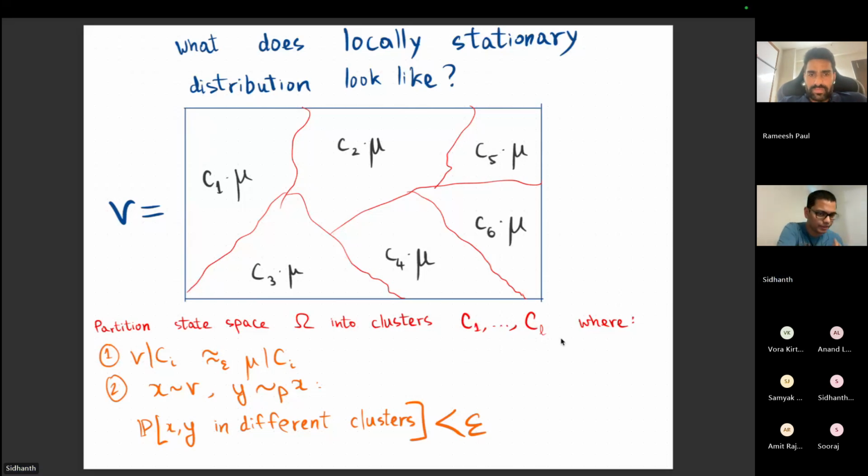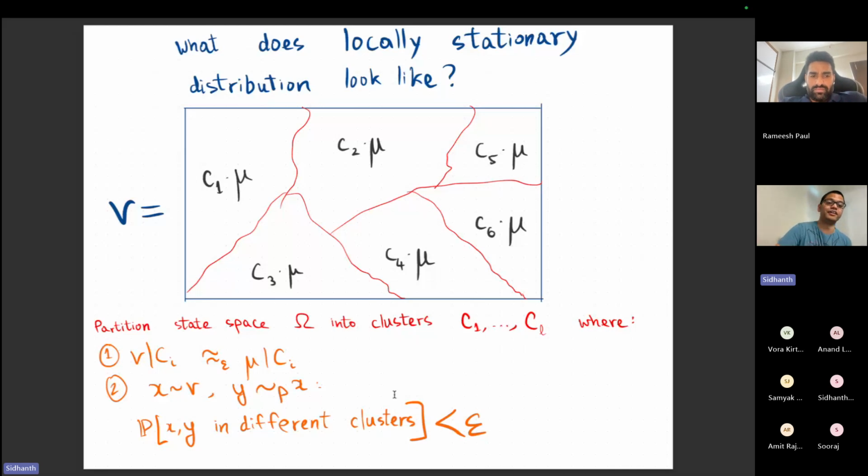The locally stationary distribution has two properties. If you zoom into any individual cluster, let's say CI, then the distribution nu conditioned on falling in CI is the same as the true stationary distribution mu conditioned on falling in CI. But this condition alone is maybe not a strong condition, because you could imagine a trivial clustering where each state in the Markov chain is its own cluster.